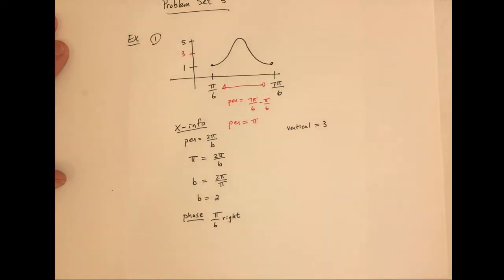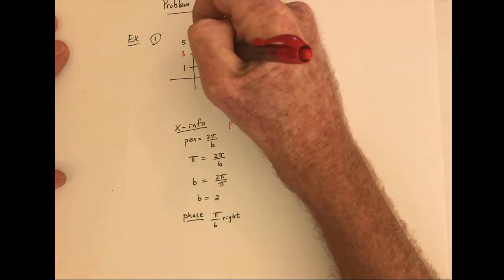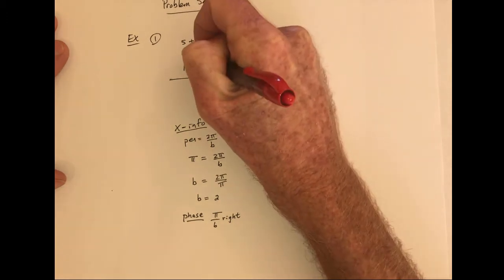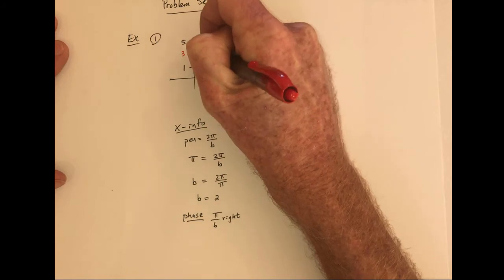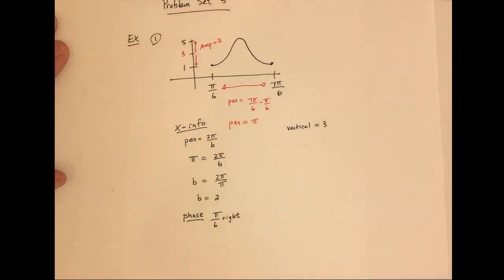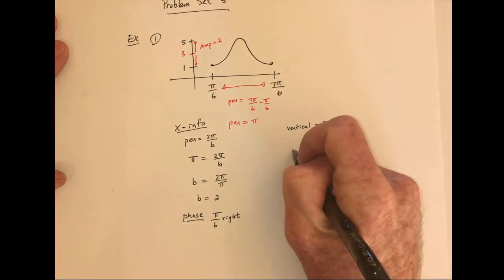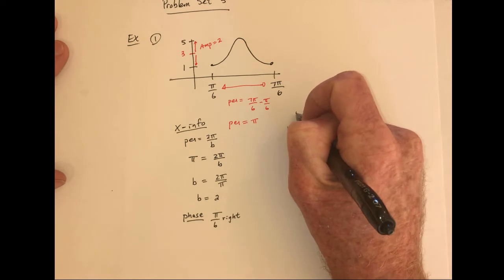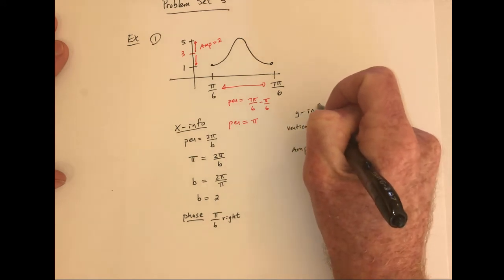And the last piece of information that we need is the amplitude. And so the amplitude is measured from the middle to the top or the middle to the bottom. Either way you do it, the amplitude equals 2. So amplitude equals 2. And this is the y information.